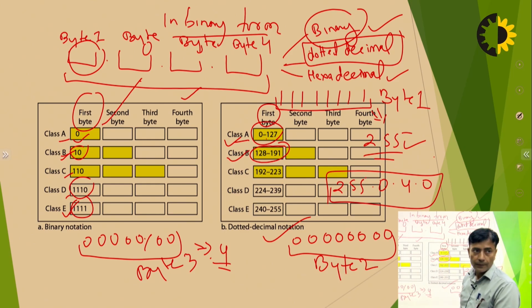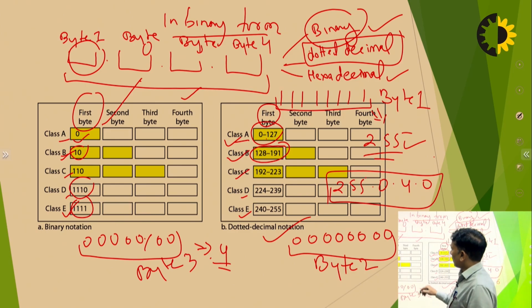Similarly, 192 to 223 is class C, 224 to 239 is class D, and 240 to 255 is class E. By this way, we can identify which class an IPv4 address belongs to.